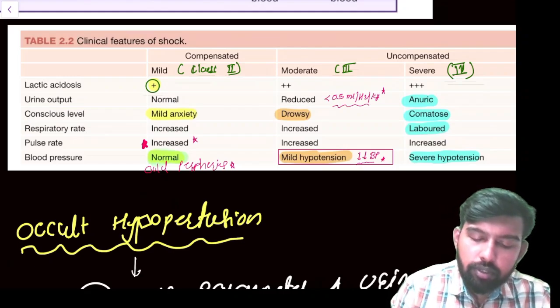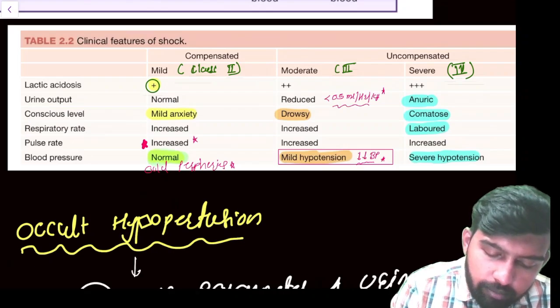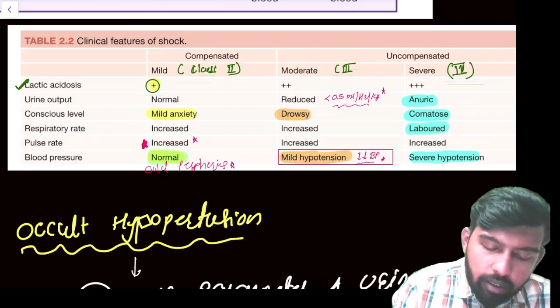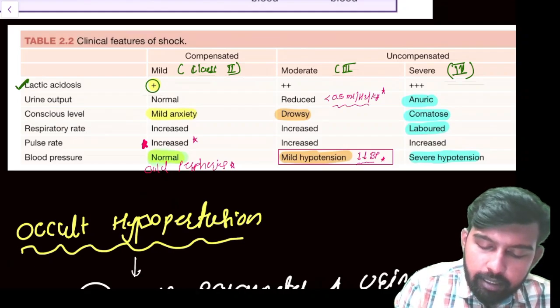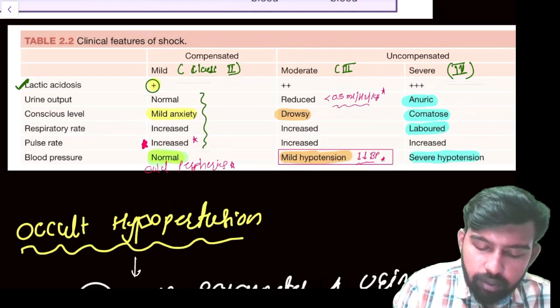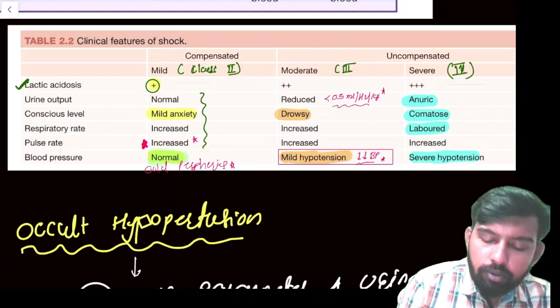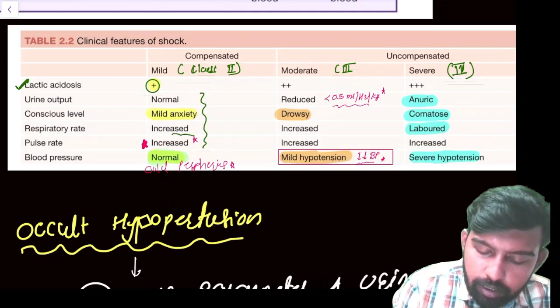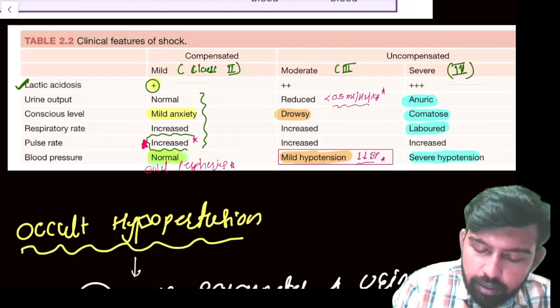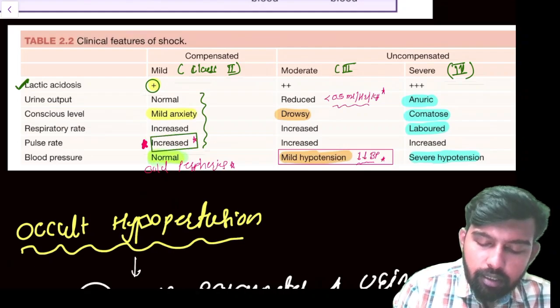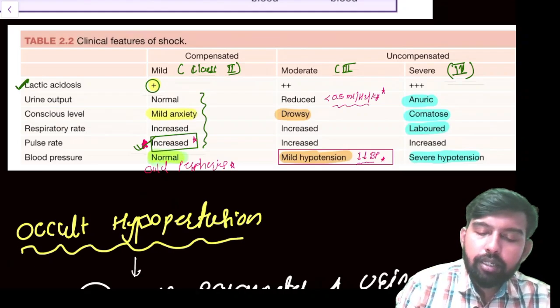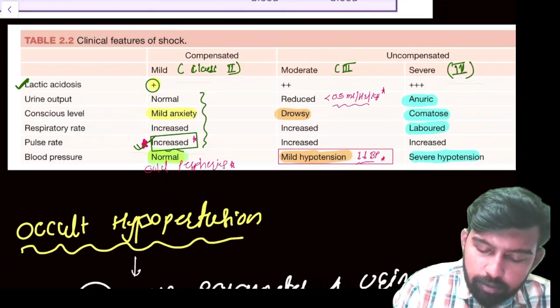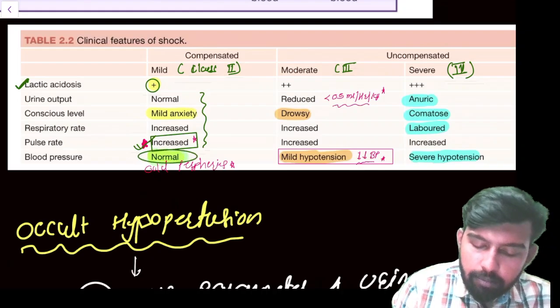Urine output is normal, conscious level is normal, and respiratory rate is increased or normal. The most important feature to remember in mild shock is an increase in the heart rate, that is pulse rate, and the blood pressure is normal because of the compensatory mechanism.